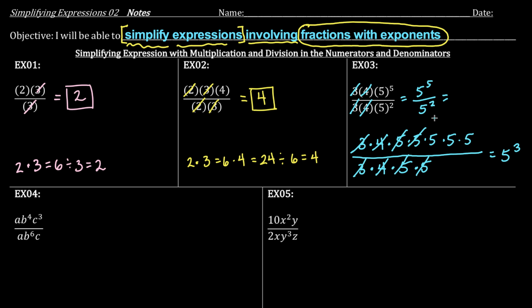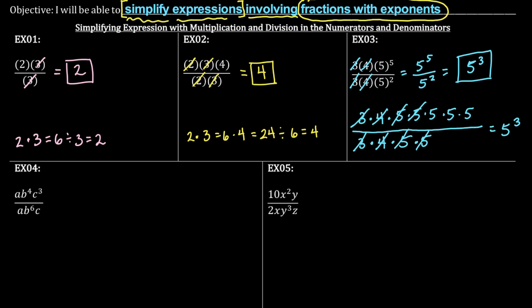There's 2 of these 5s on bottom. How many are left over? There are 3, and they're on top. A shortcut would be you just subtract, but it's easier to think of it as I have 3 excess 5s on top.